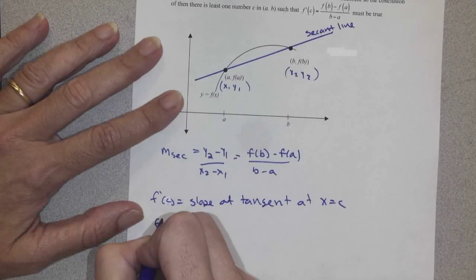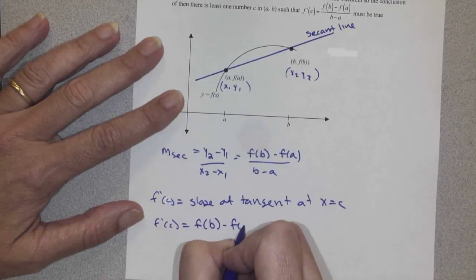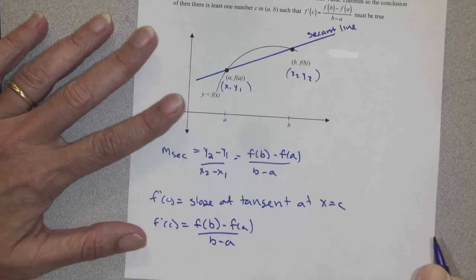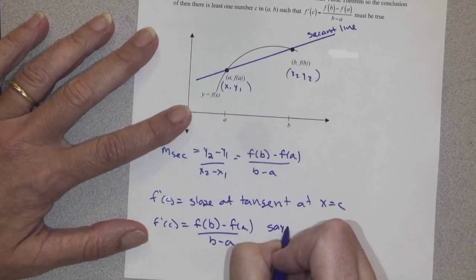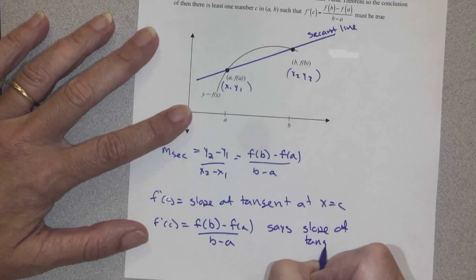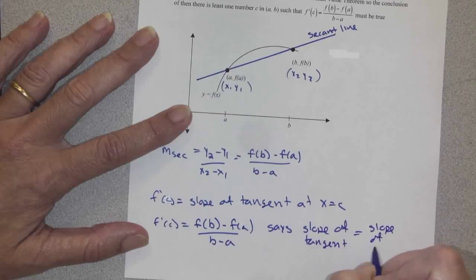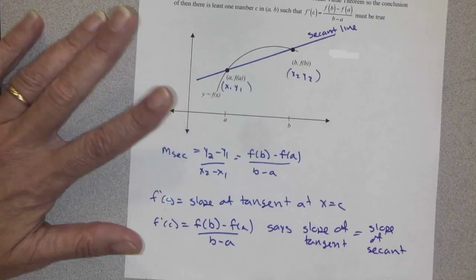And so what this is saying, f prime of c equals f of b minus f of a over b minus a, says slope of tangent equals slope of secant lines.